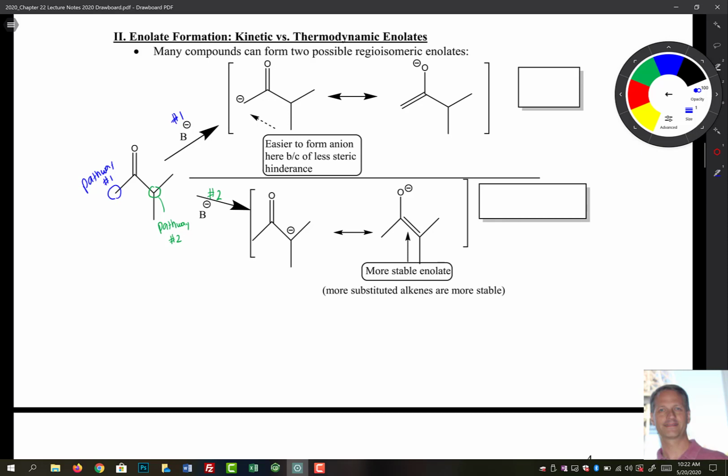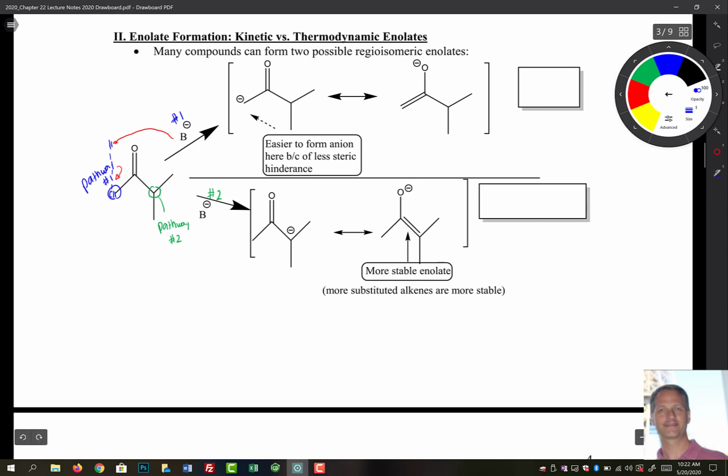Now, if we take a look at what happens at pathway number 1, our base is coming over and deprotonating one of our H's at this position, right? So we have our H atom up here. We're going to swing around, grab that H, and do this.